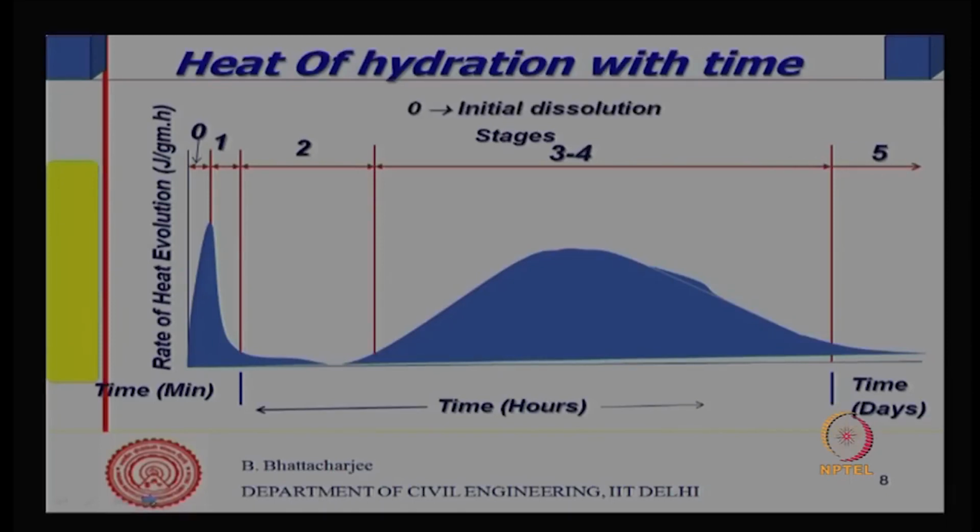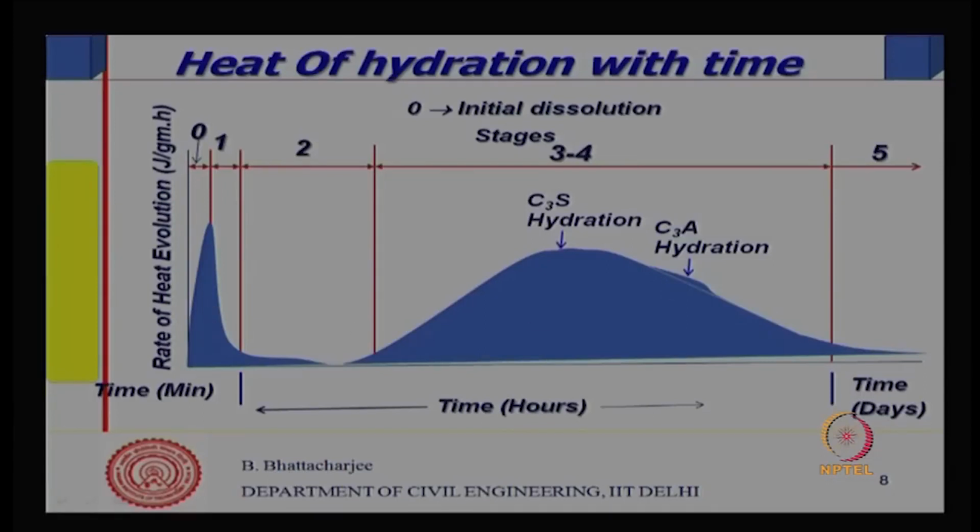First, stage 0 is initial dissolution. So, at that stage there is quite a bit of heat evolution, rate of heat evolution is high. Then stage 1, dormant, it will relate to a dormant period. C3S hydration occurs here when rate of heat evolution is pretty high, and C3A hydration occurs late stage.